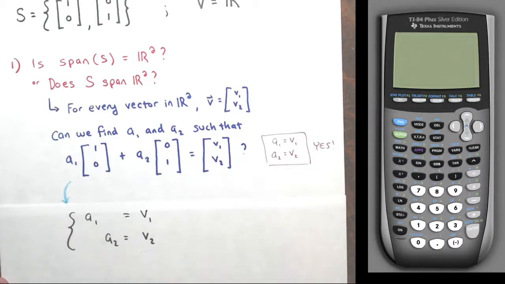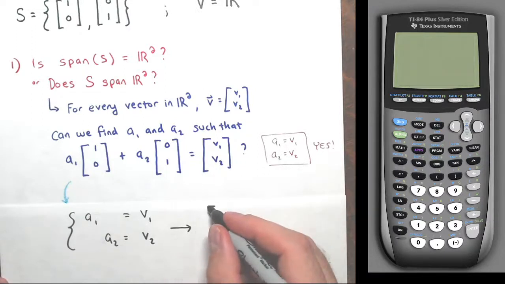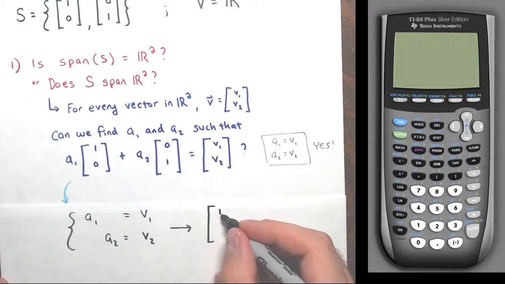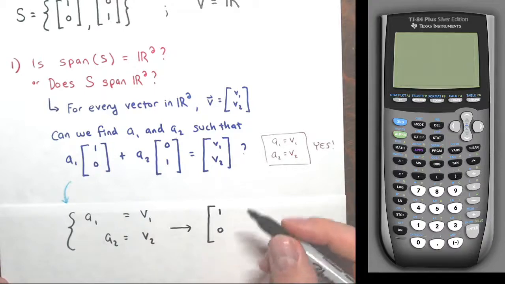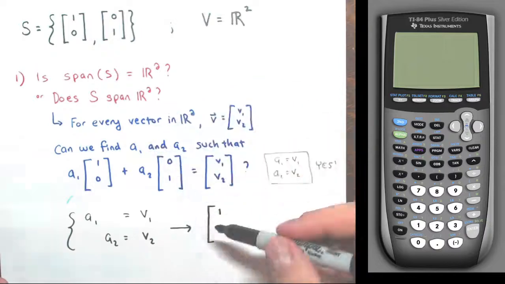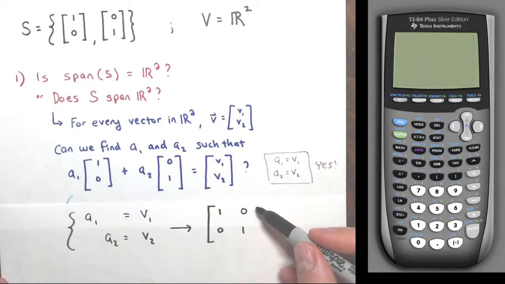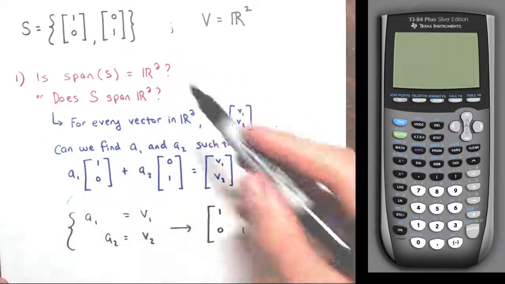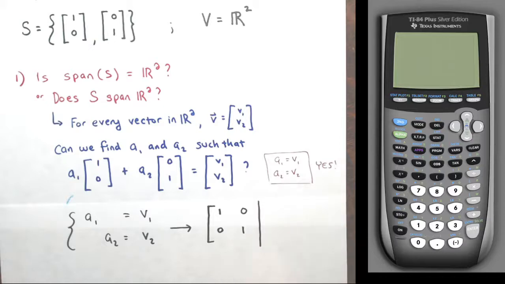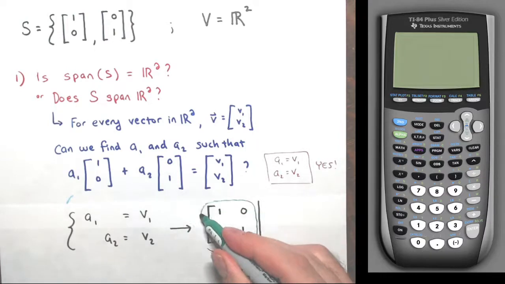So yes, there is a solution. I can see it right away here. And if you write this as an augmented matrix, you have the coefficients of A1, which are 1, 0, which is just the first vector of S, in the first column here. And then down the next column, the coefficients of A2, which are 0, 1, which is just the second vector in S. And this is my coefficient matrix. This would be the coefficient matrix for the system.